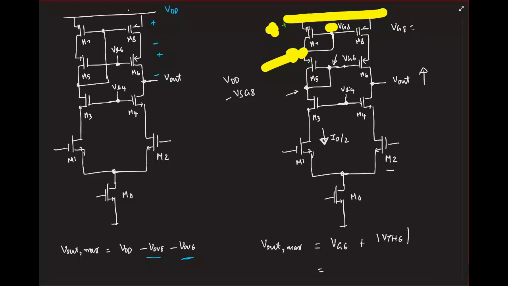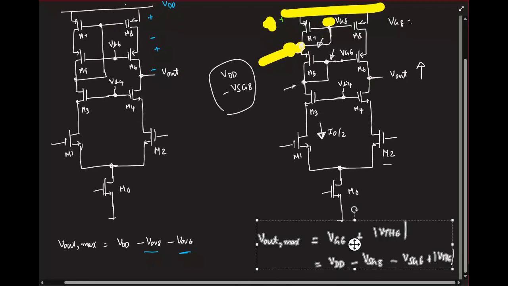This voltage minus one more source to gate voltage. Is that fine? So this will be VDD minus VSG8, which is this voltage at the source, minus one more source to gate voltage, plus mod VTH6. Fine.